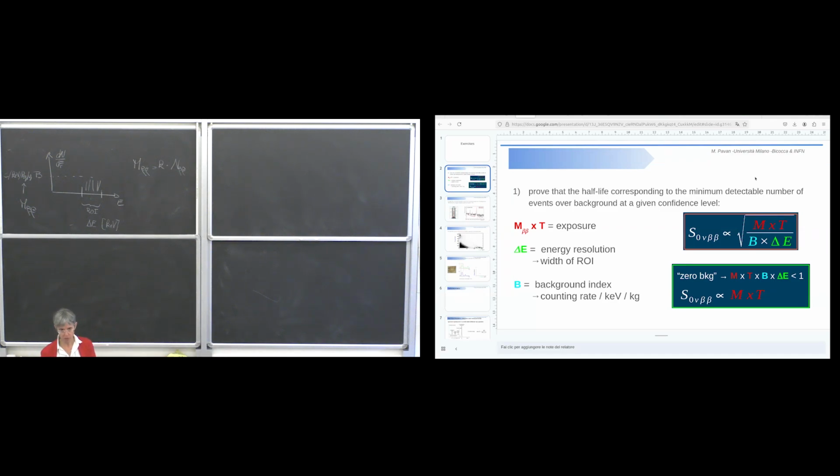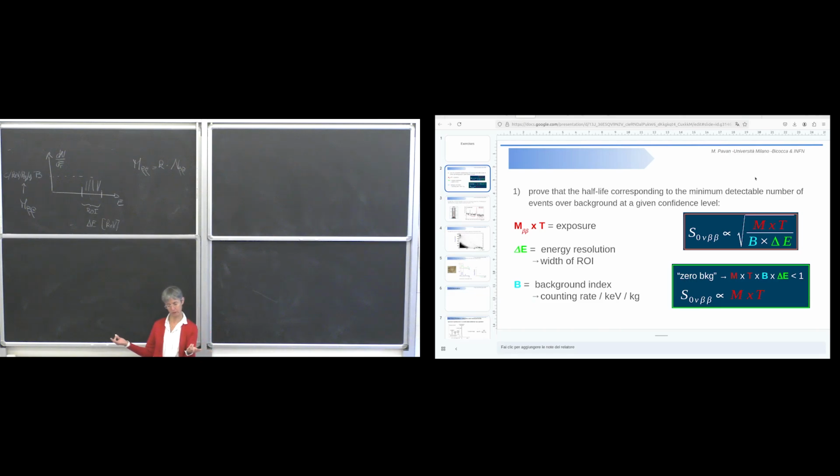I already have a background model similar to the one that I've shown you, that of CUORE, but I have also background predictions for CUPID. So I know, more or less, what will be the counting rate in the region of interest. I know what will be the energy resolution, and therefore the width of the region of interest, because it's the energy resolution of my detectors. And then I know what will be the mass and the exposure of my experiment.